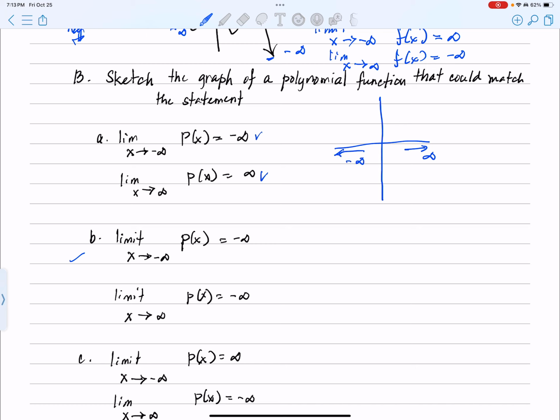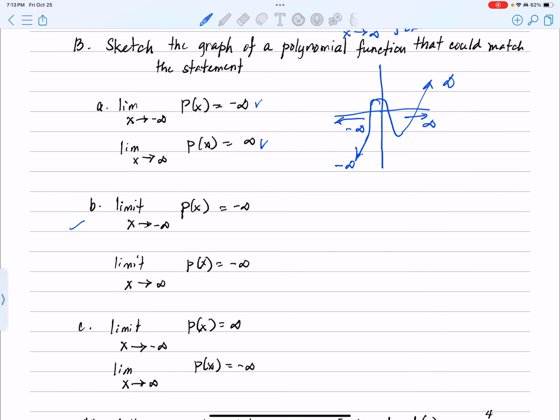When it's negative, it falls down because it's negative. And this is positive infinity. So maybe I could say it goes that way. That's positive infinity. Okay?